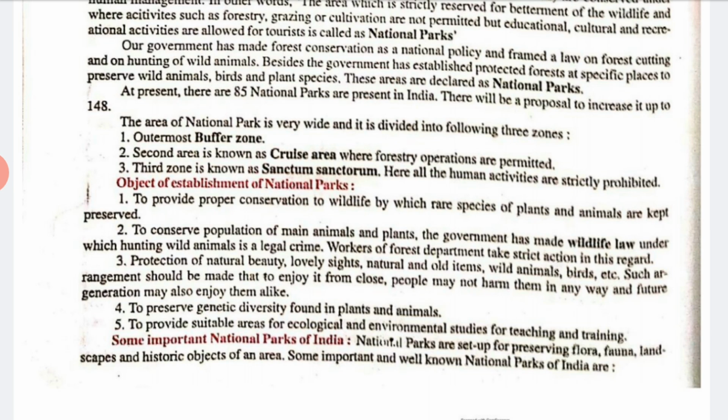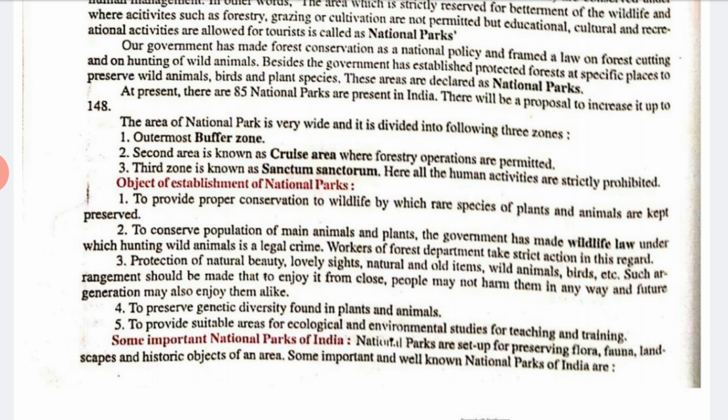Now, the objectives of establishing a national park. First, to provide proper conservation of wildlife by which rare species of plants and animals are kept preserved. To conserve the population of main animals and plants, the government has made wildlife laws under which hunting wild animals is legally a crime, right?